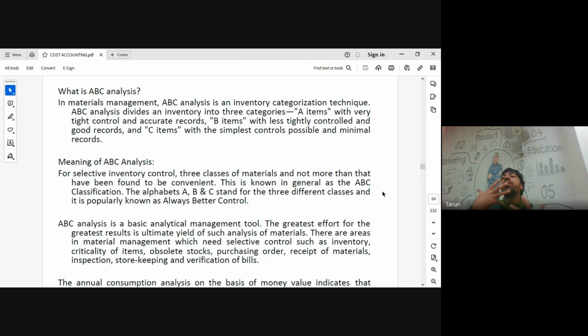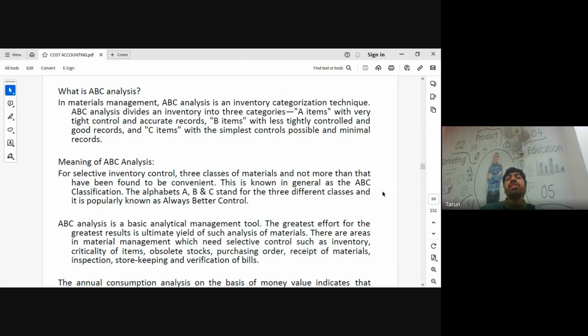A particular department will have to classify these items, and accordingly, depending on the feature of that particular item, it stands for A, B, or C items.